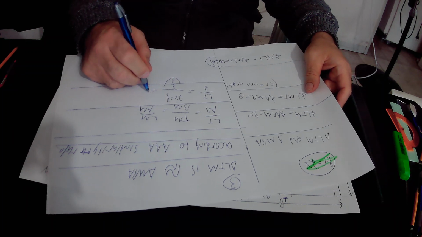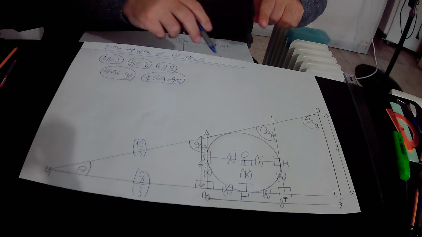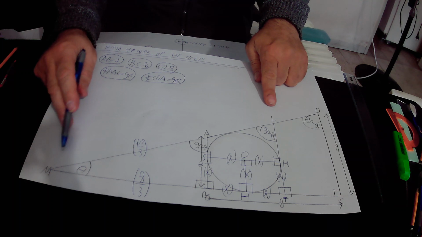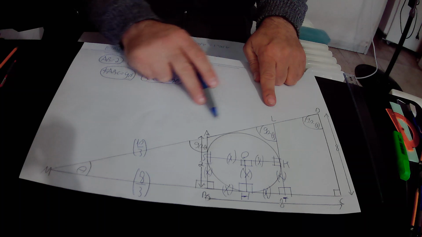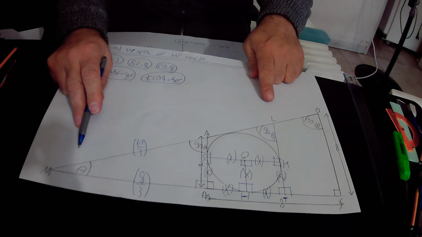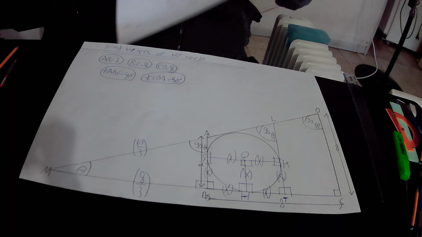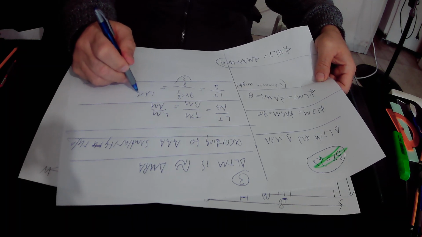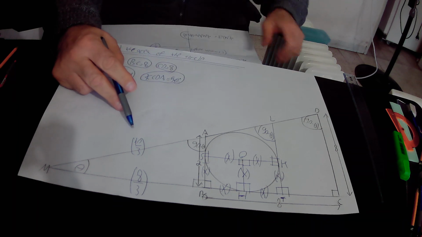And it also equals LM over AM. From the drawing it is very easy to see that LM in total equals LA plus AM, that is LA plus 10 over 3. So LM equals LA plus 10 over 3, divided by AM. AM equals 10 over 3.